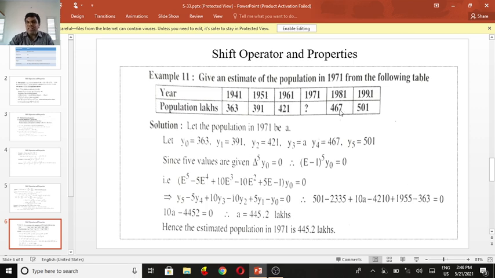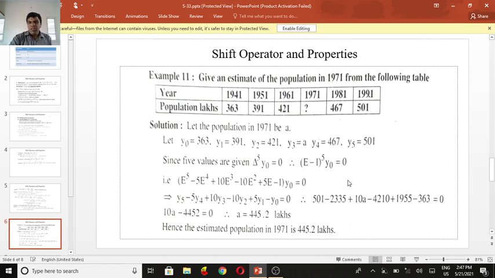So I am substituting the values. y5 is 501 lakh, minus 5 times y4, plus 10 times y3, minus 10 times y2, plus 5 times y1, minus y0.